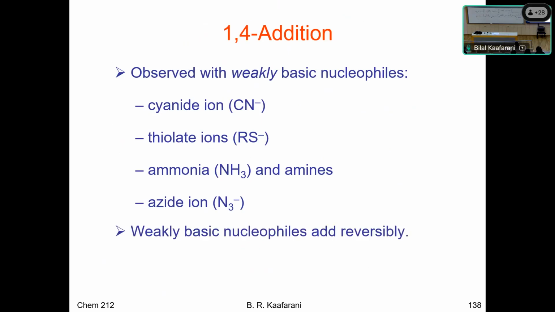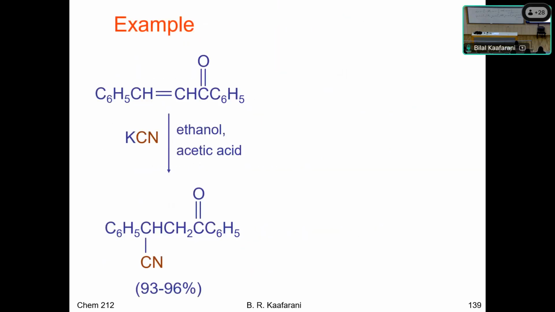Weakly basic nucleophiles add reversibly. So whenever you have an alpha beta unsaturated system and you know it is 1,4 addition, the 1,2 addition is very straightforward. You can write it right away.